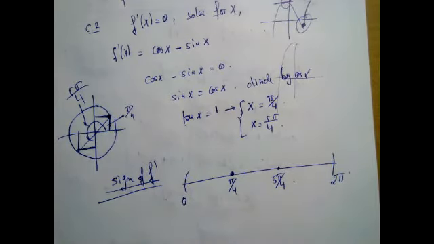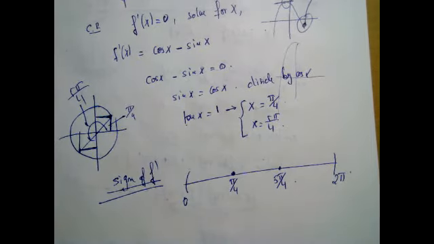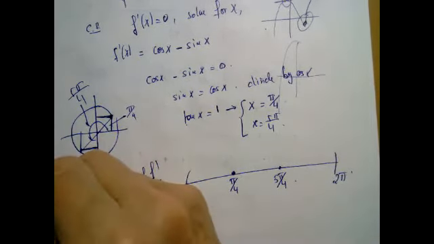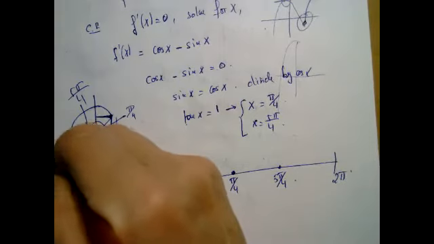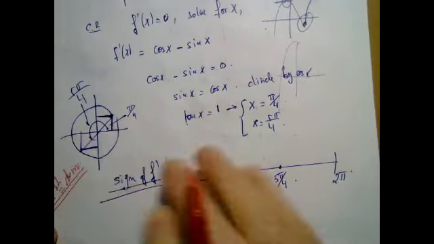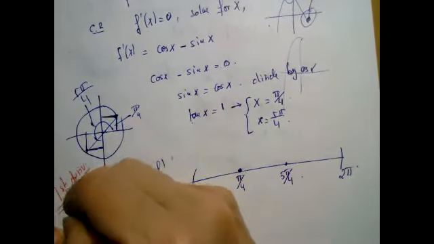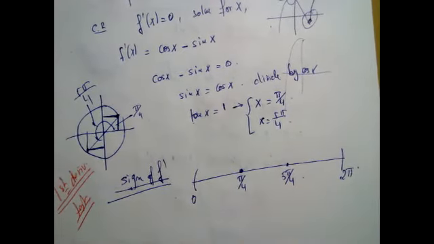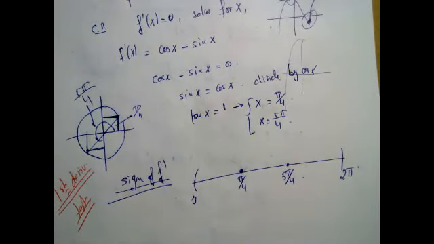And now here I am using what I call the first derivative test. There are two tests. The first derivative test means that you find the critical points, you find the sign of f prime, and then you decide.